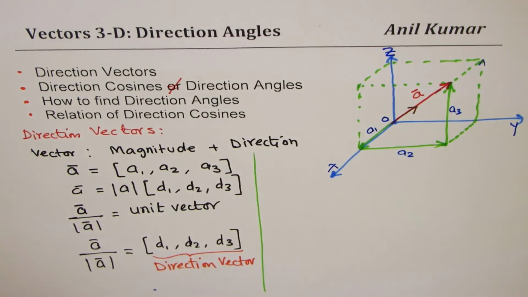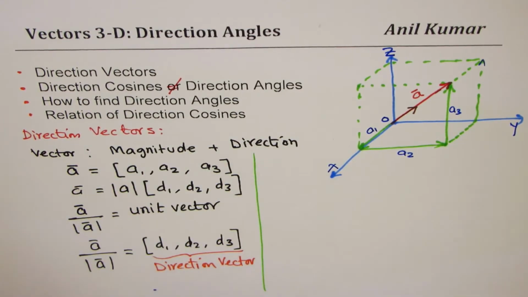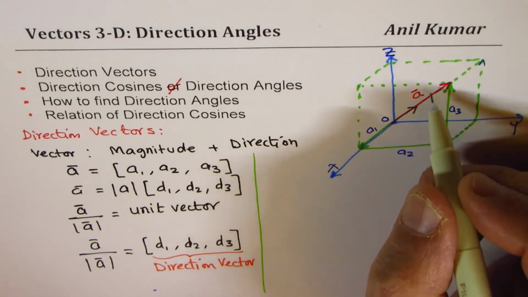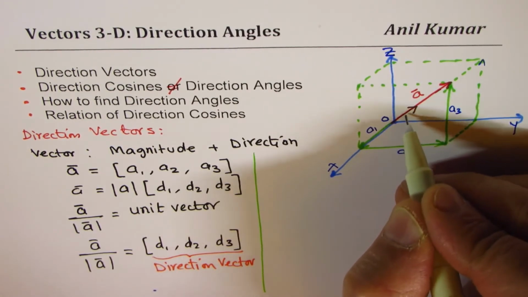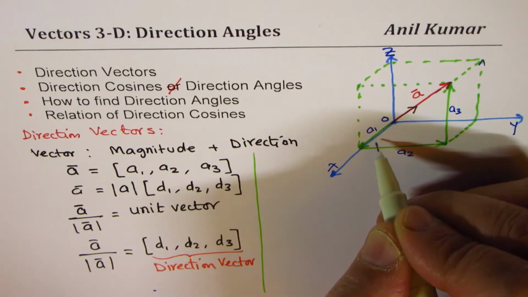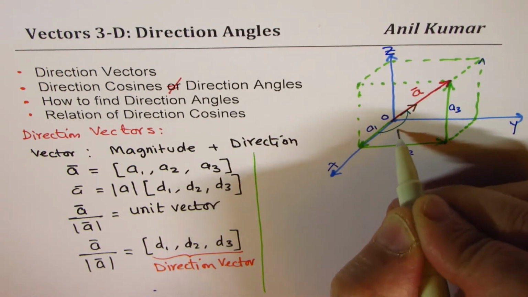Now let's talk about direction angles and direction cosines. As you can see in this particular picture, this vector makes angles with all the three axes. Whatever angle it makes with the x-axis, we normally write as alpha.